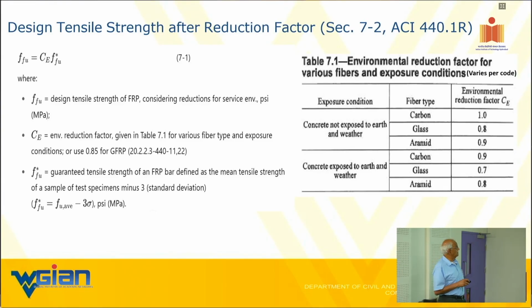So 100 becomes 50, becomes 16 or 20, which means what? I have a factor of safety of 5. They want me to keep the factor of safety around 7. So my ignorance of the product is buried into that factor of safety.